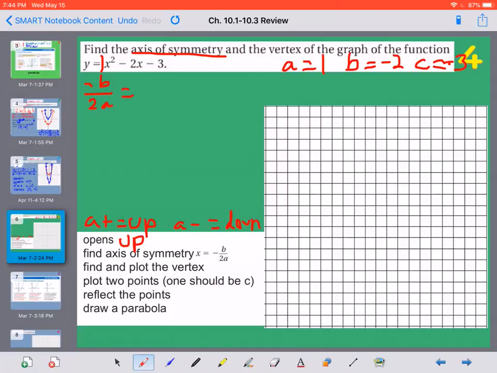So negative b is actually going to be a negative negative 2, because of the negative in front of the b. 2 times 1, which is a. So we're going to get 2 divided by 2. 2 divided by 2 is 1. Our x equals 1. So our axis of symmetry is x equals 1.